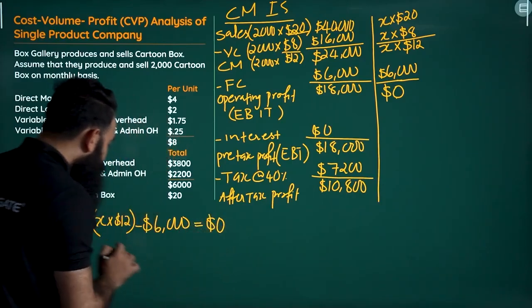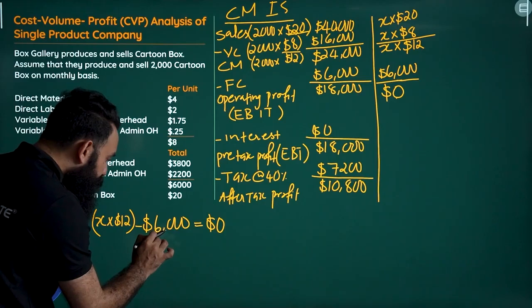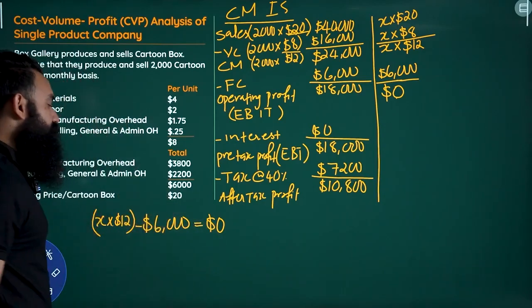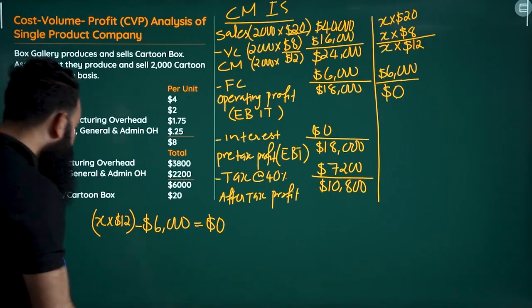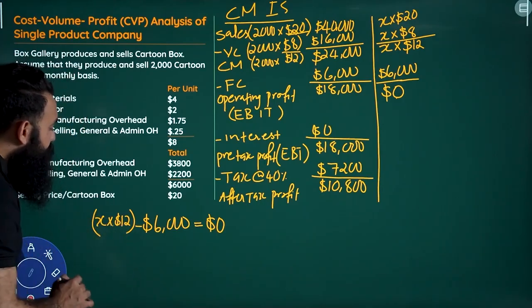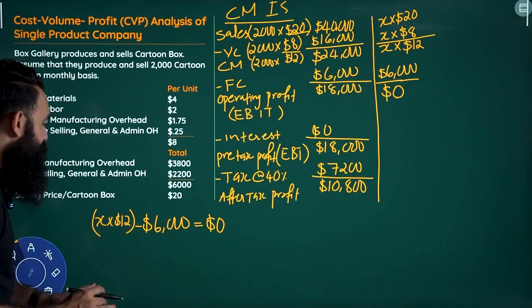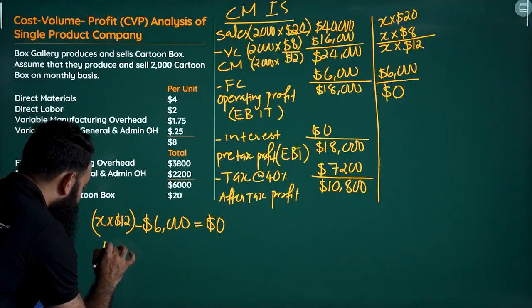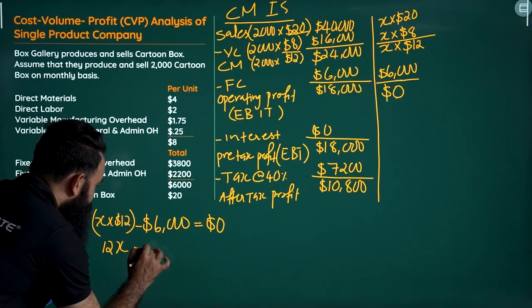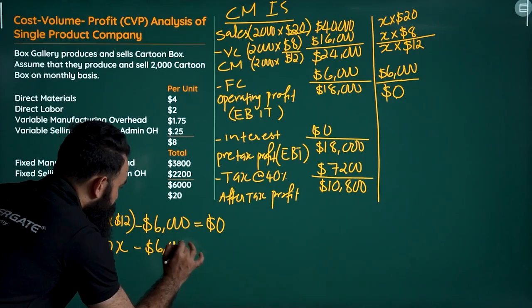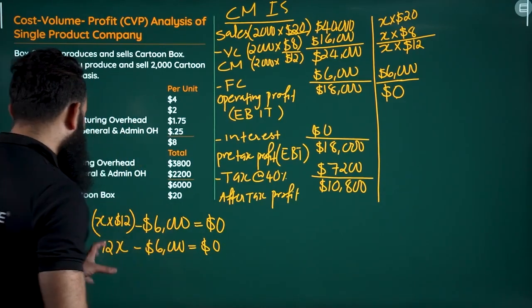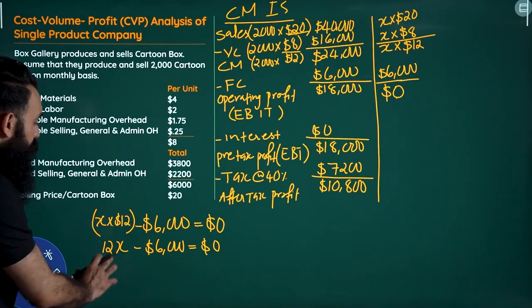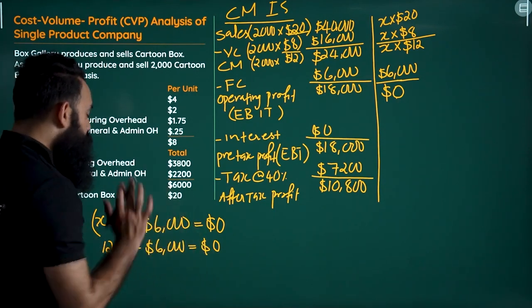So contribution margin minus fixed cost is equal to 0. Here X into 12 means 12X. For ease, I have written it this way: 12X minus 6,000 is equal to 0.